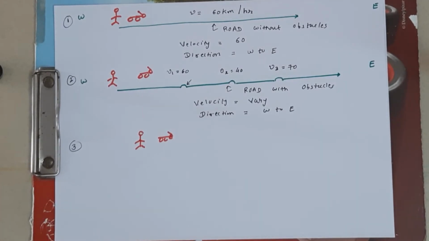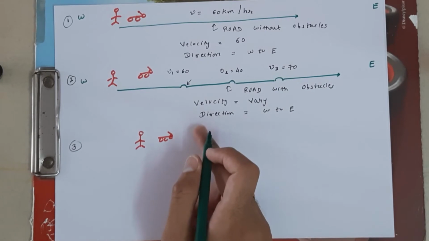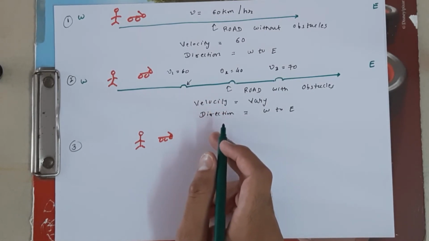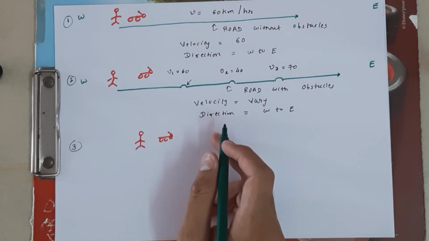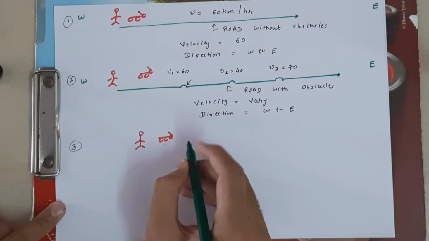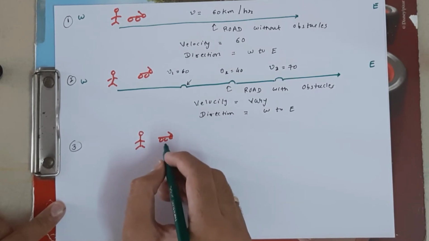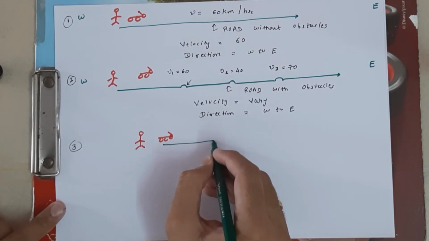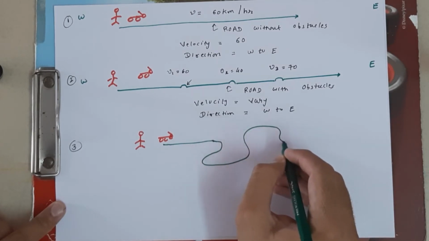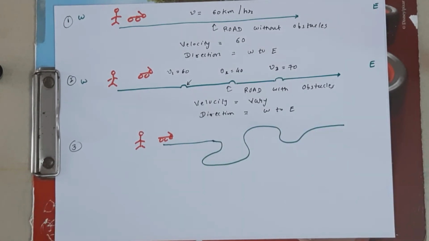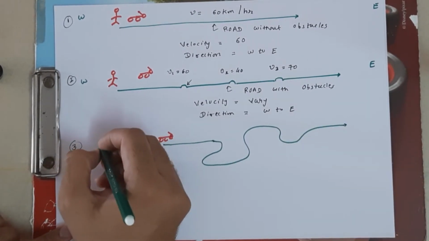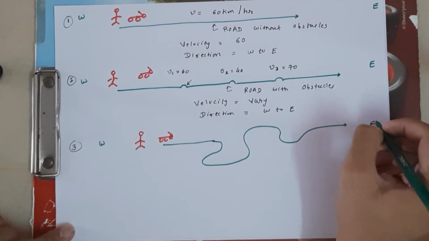Now we assume the road is not straight. For example, this one is the road. The road is not straight. West to east direction.